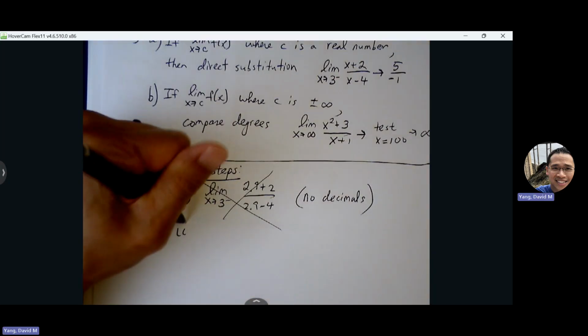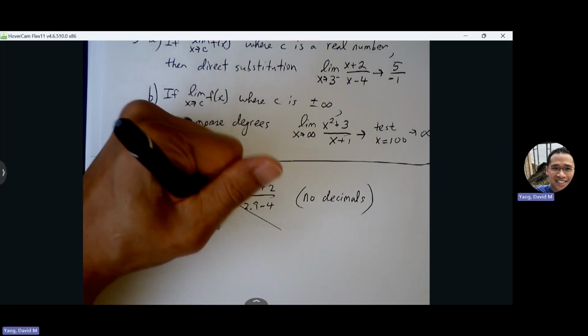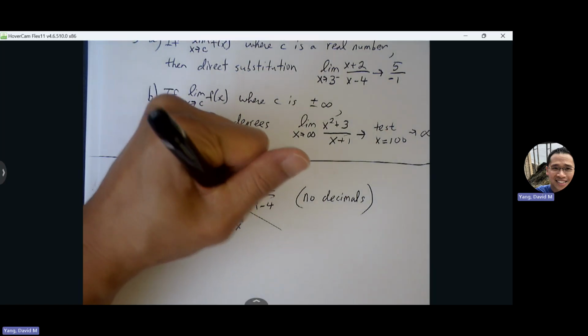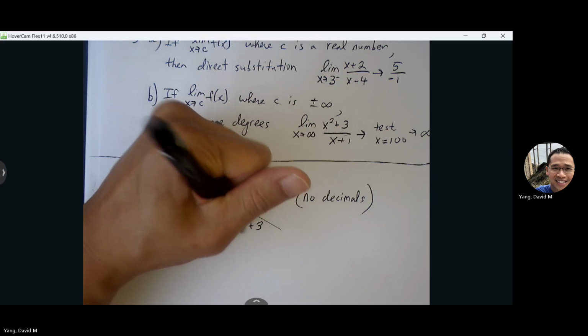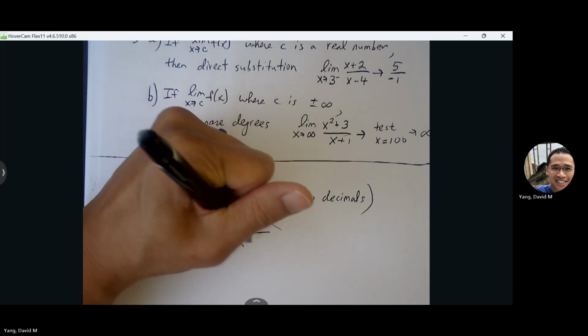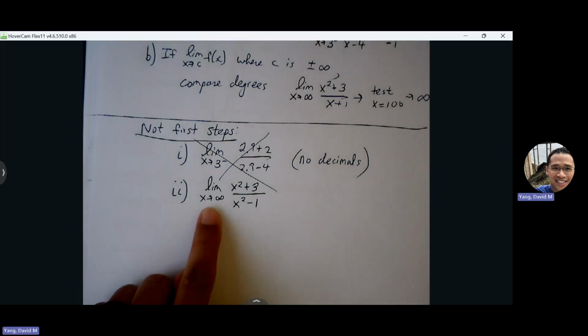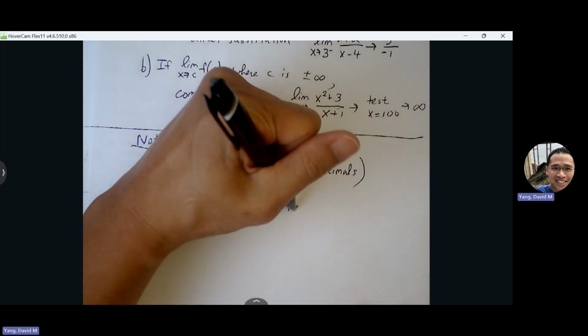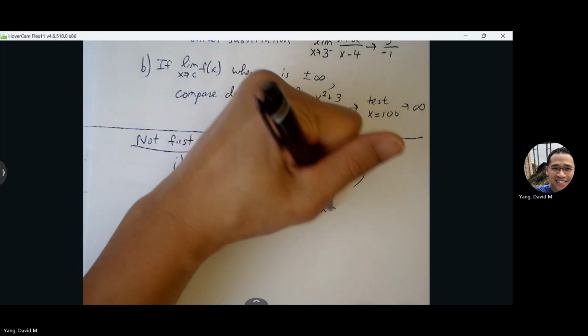And then the other issue that students experience is they want to plug in a number in the direction that they're headed, and so they start to test 100.